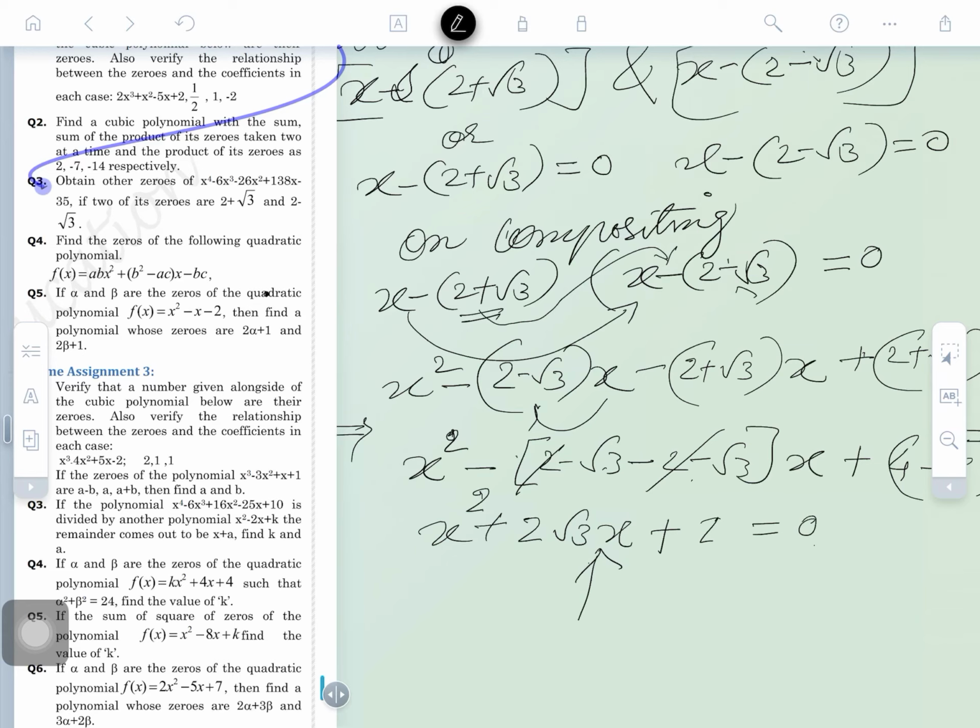So minus of 2 plus root 3, is there anything else? Yes, this is minus of 2 plus root 3, and this is minus, plus 2 plus root 3, 2 minus root 3. This is one coming for sure here, but here x can be taken common, so minus is also taken common, so here will be plus. So here will be 2 plus root.